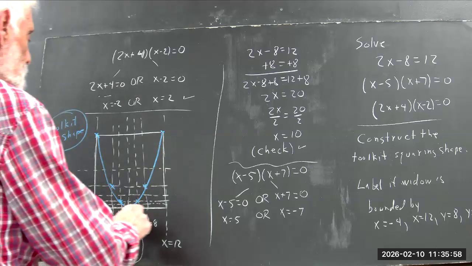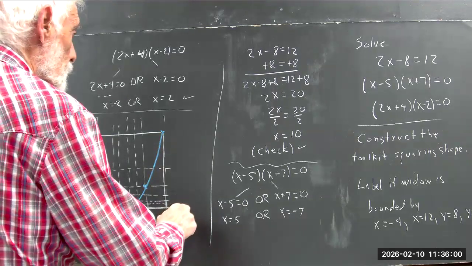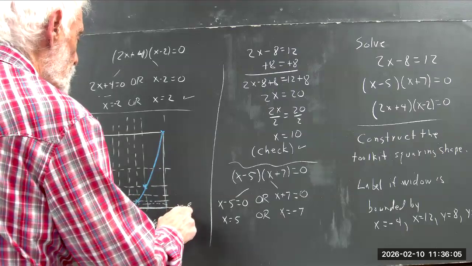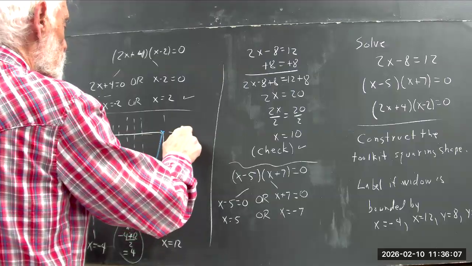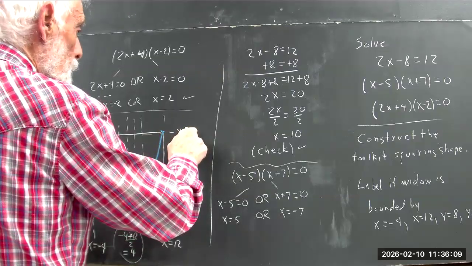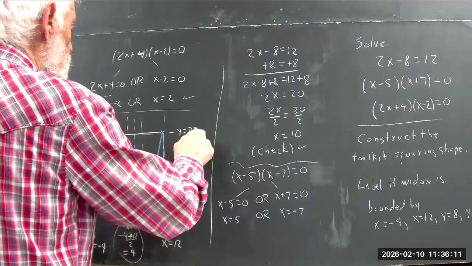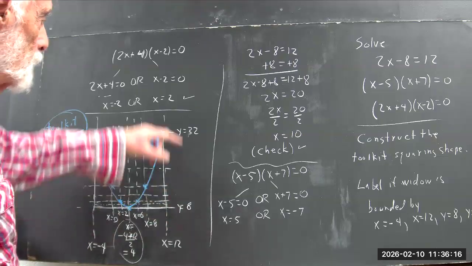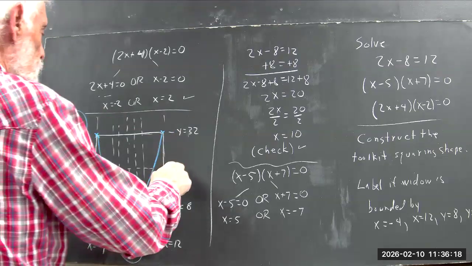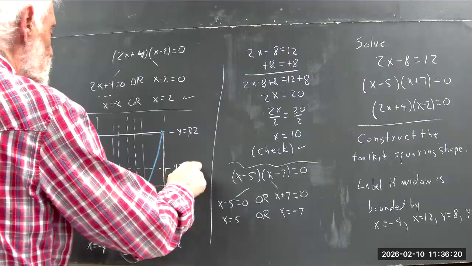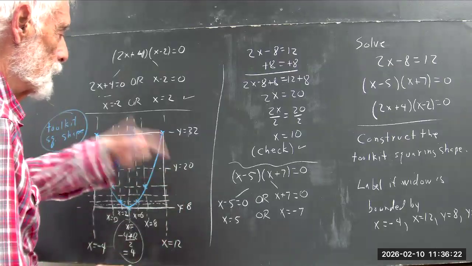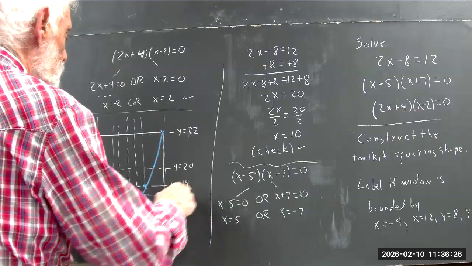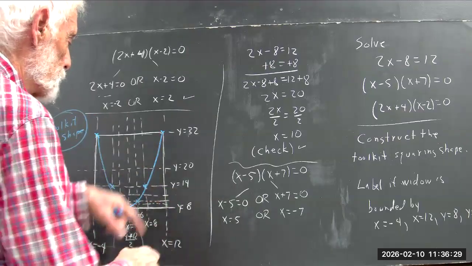And then we have y equals 8. Y equals 32. Well, it could have worked, but okay. Well, add 8 to 32, you get 40. Half of that gives you y equals 20. 8 and 20 is 28. Divide that by 2, you get y equals 14. Add 8 to 14, you get 22.